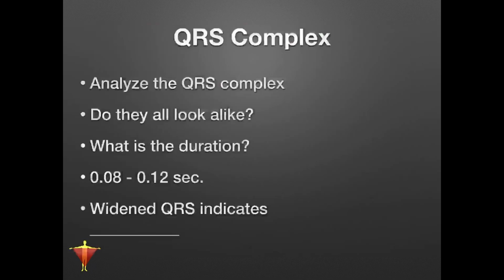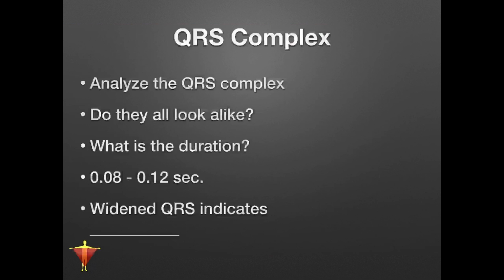So the QRS complexes. Now, let's analyze those QRS complexes. So do they all look alike? As you saw in that previous slide, right, we sometimes get some that look really big, really ugly, can be readily identified as well. No, that does not look like the rest of them. So our QRS complex, we want it to be somewhere between 0.08 and 0.12 seconds.